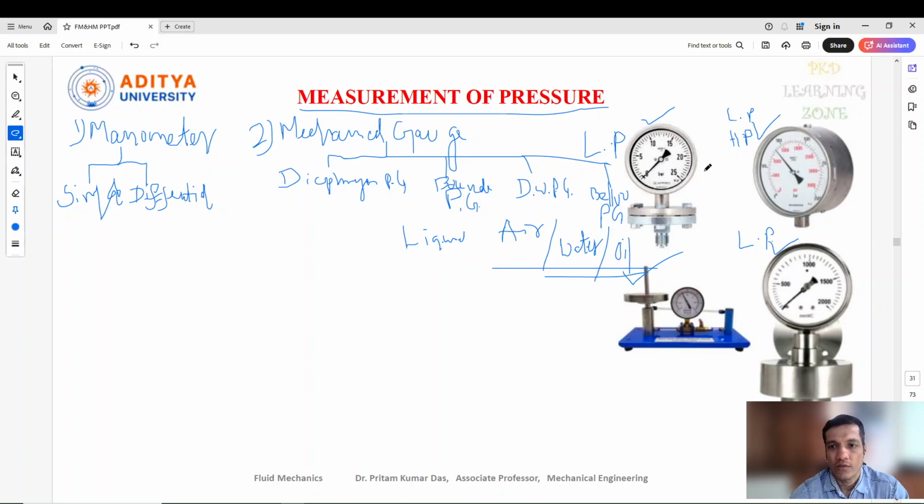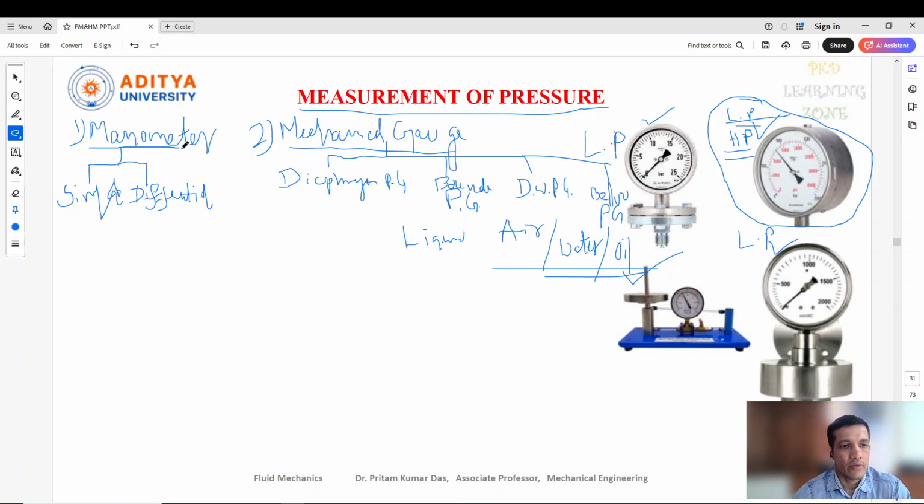So these different pressure gauges are applied in different places based on the requirement. But basically the Bourdon tube pressure gauge is used in most places, as it can be used for low pressure as well as high pressure. That's why it is more in demand. This is all about the mechanical pressure gauges.